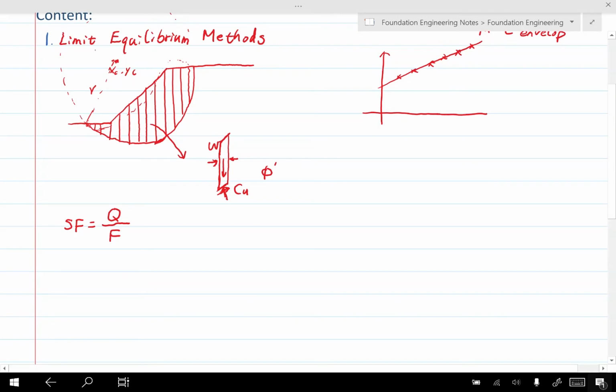For that purpose, for example, for the center of the slip surface, what we do is that we first define a possible region for the center, and then we divide it into a grid.